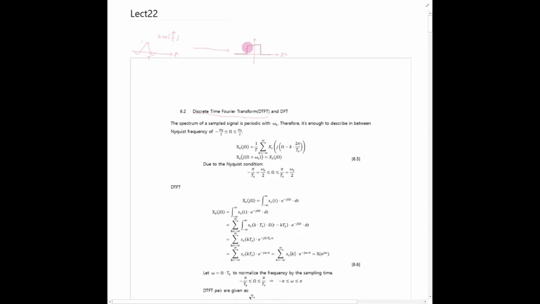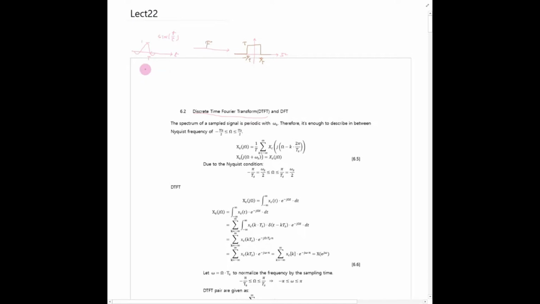The peak value is the product between 1 and tau. So this is tau, and the bandwidth is 2 pi over tau. That's why it is pi over tau, and this one is minus pi over tau. So this is the Fourier transform of the sinc function.